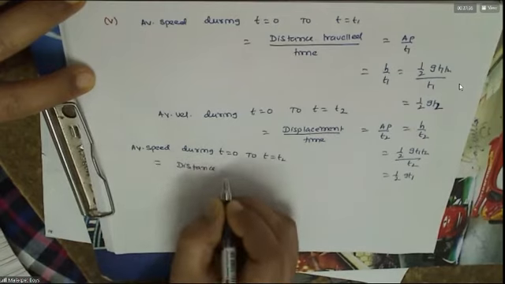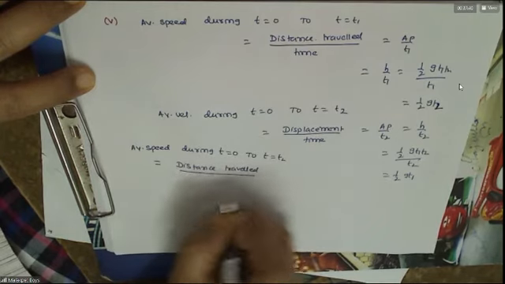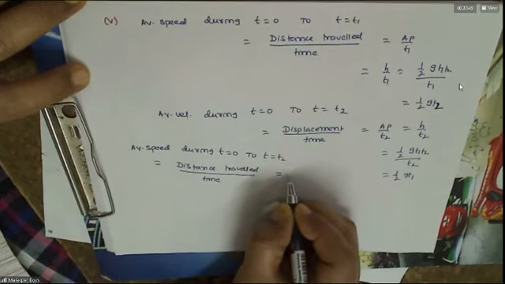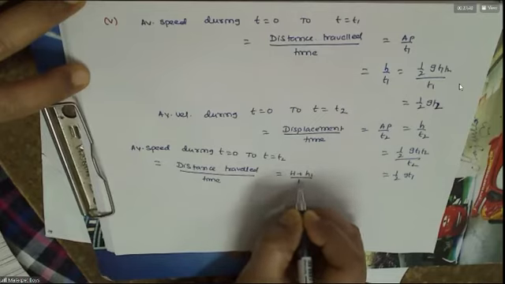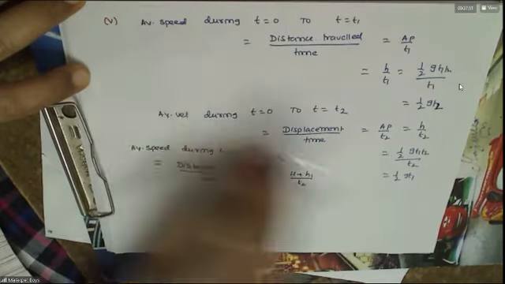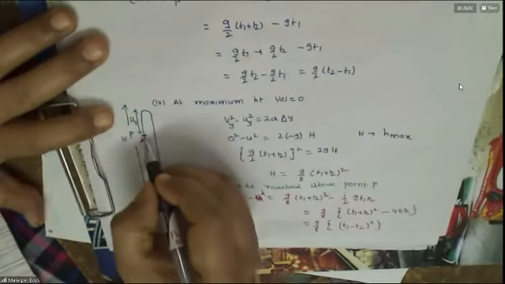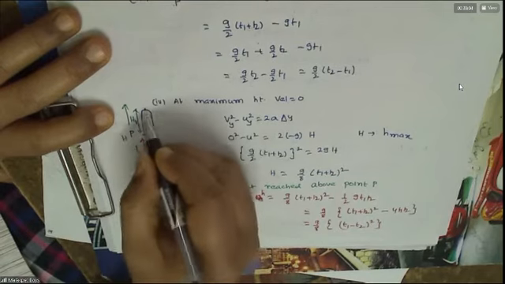No, you can see the distance is H plus H1. Remember? Because you can see this: it travels from A to P, till this point.